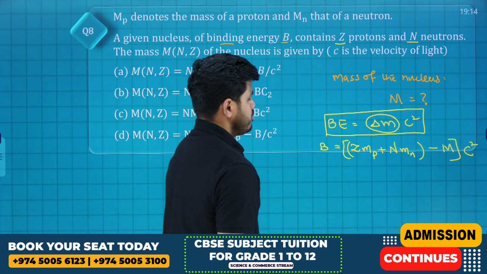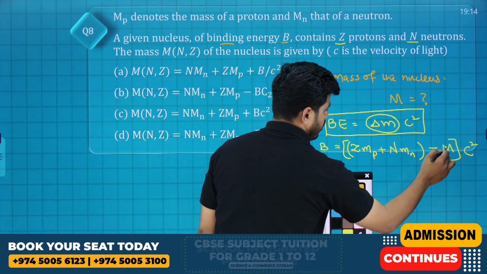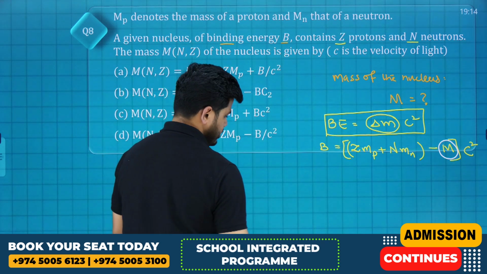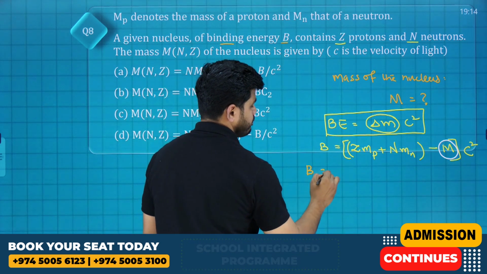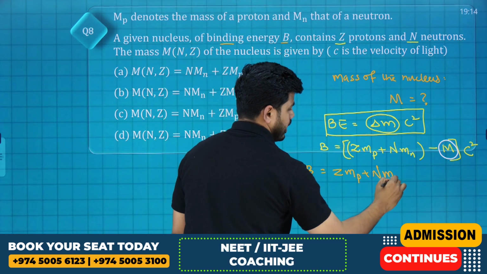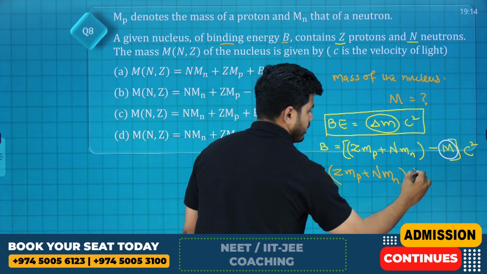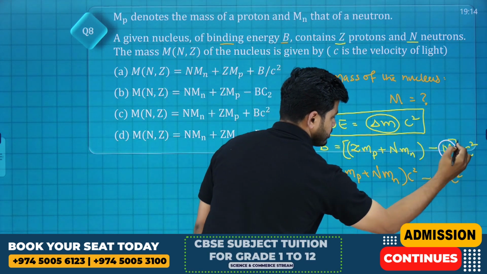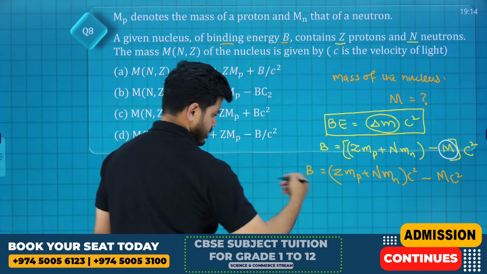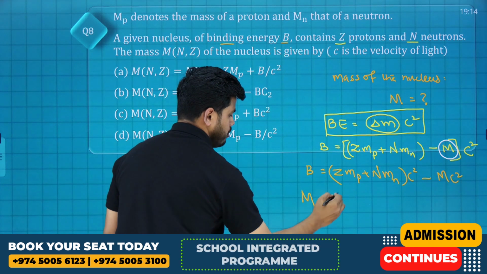Now we have to find the value of this M, and one of the options will match. So open the bracket: B is equal to (Z times MP plus N times Mn) into C square minus MC square. I need M on this side because I have to calculate the actual mass of the nucleus.